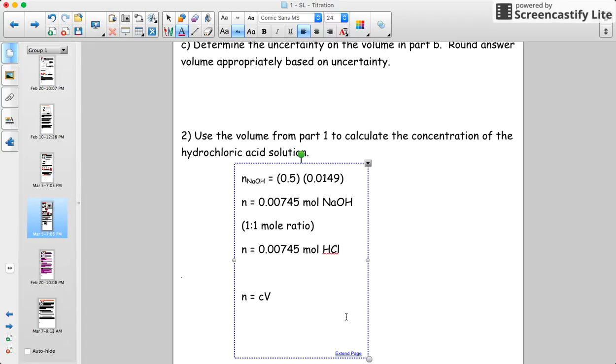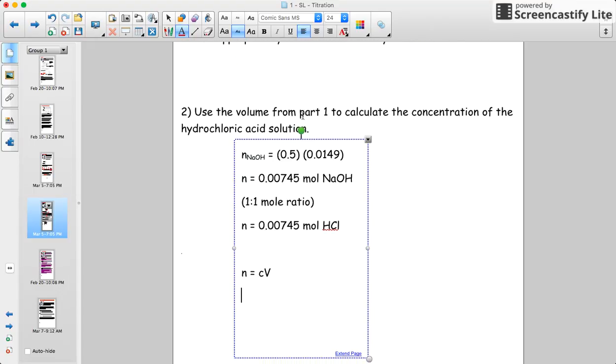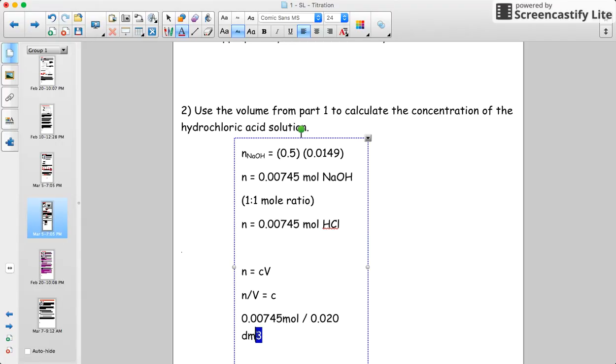Again, n equals CV. We don't know the concentration of HCl, but we do know the volume that we started with. The volume that we started with was 20, given to us here as part of the data. So the moles are 0.00745 moles. I'm going to divide that by the volume, which is 0.020 dm cubed. I'm dividing n by V in order to get C. So here we go.